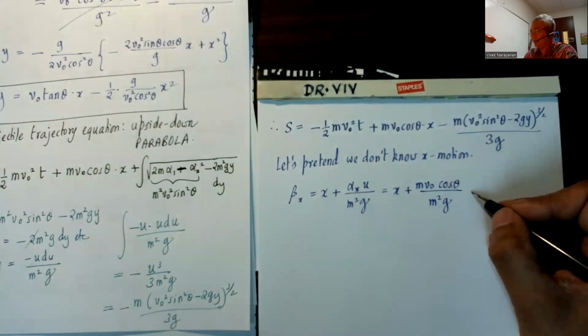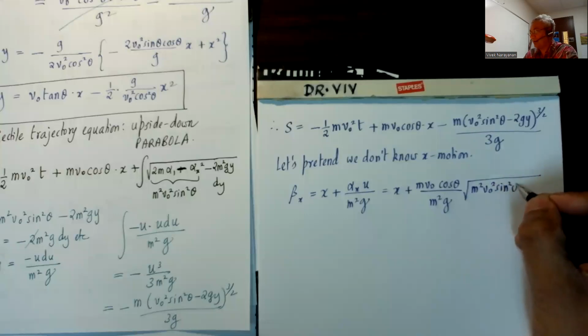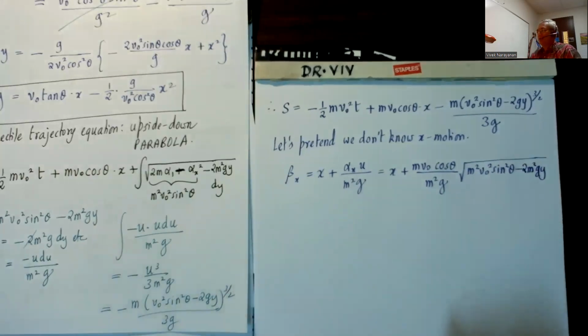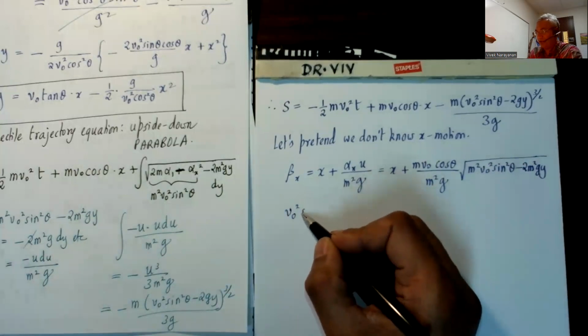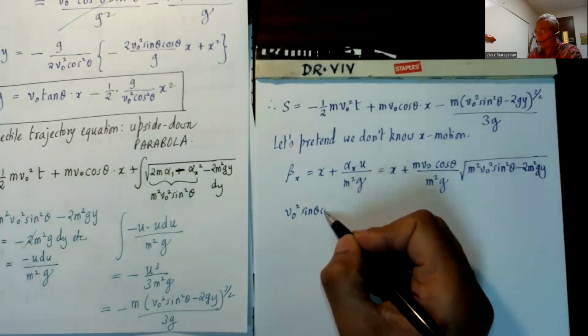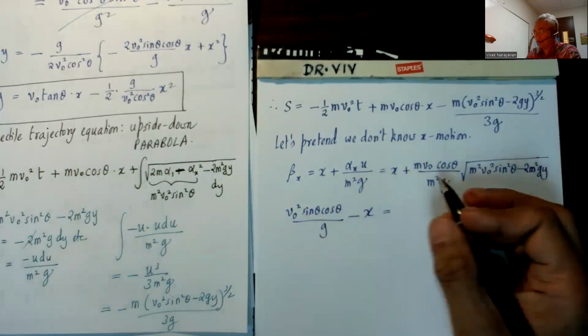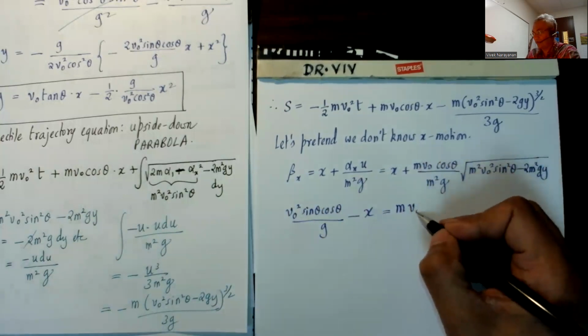And now we do have the full, the u function is just m squared v naught squared sine squared theta minus 2 m squared gy. Okay, beta x itself, I've done that before already, the same calculation. Sine theta cosine theta over g. I'll take the x on this side, and then one of the factors of m will cancel out.